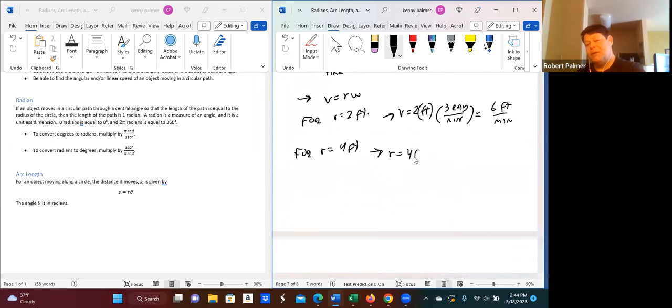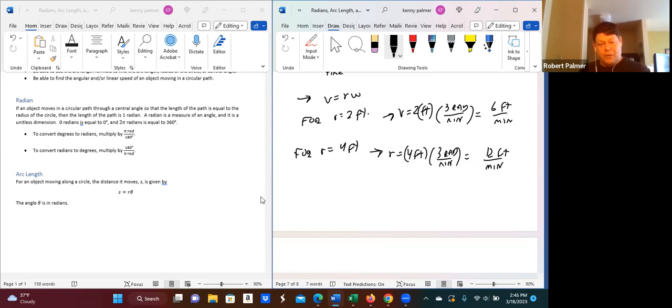So 4 feet times 3 radians per minute is 12 feet per minute, actually twice as fast. So if the distance is twice as far from the center, you have the same angular speed, your linear speed is twice as fast. Or another way to think, 2 feet is half the speed of 4 feet.